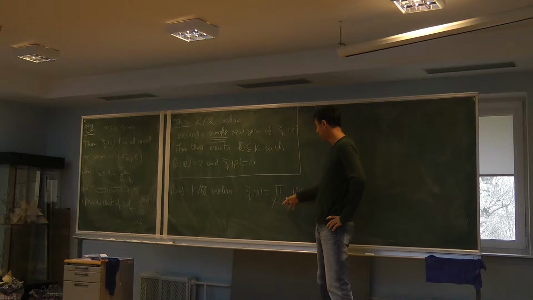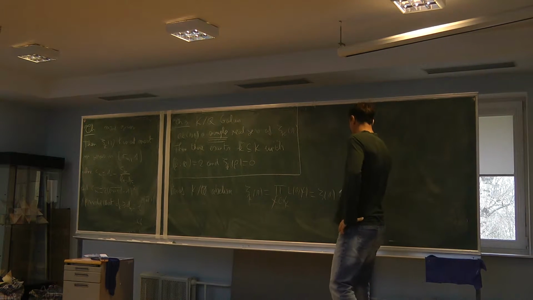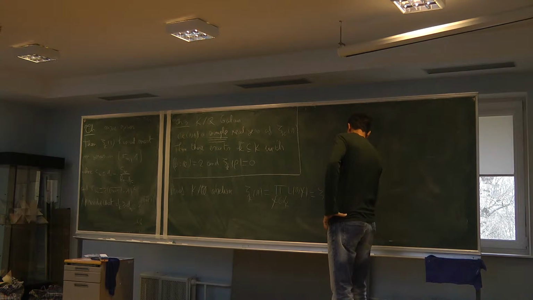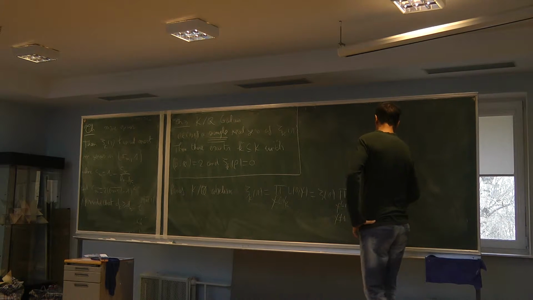If you take the trivial character, you get the zeta function, and then you take the quadratic ones but not trivial ones, and then you take the other ones.